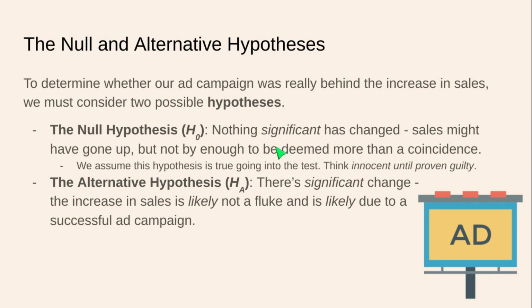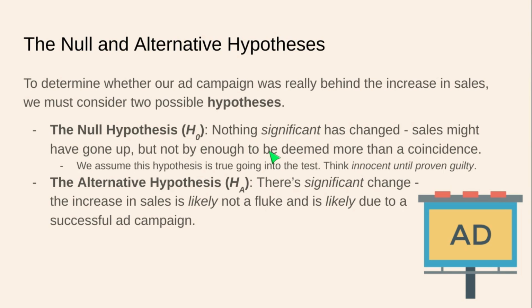You can never support a null hypothesis. The null hypothesis can either be rejected or not rejected. You cannot say a null hypothesis is definitively true. However, it is what we assume unless there is evidence to the contrary, but you cannot support or affirm a null hypothesis. It's either rejected, if we should side with the alternative hypothesis that there is a significant change, or it's not rejected.